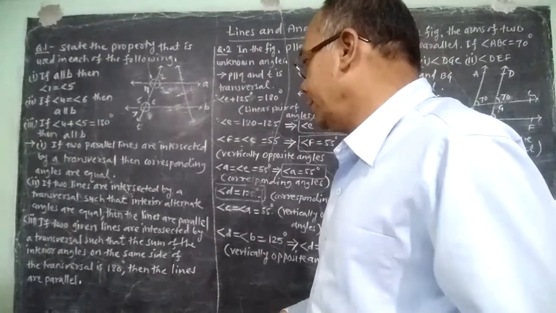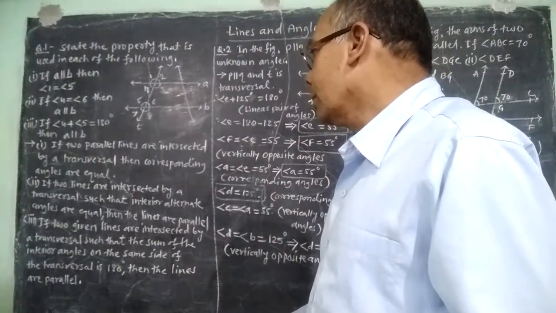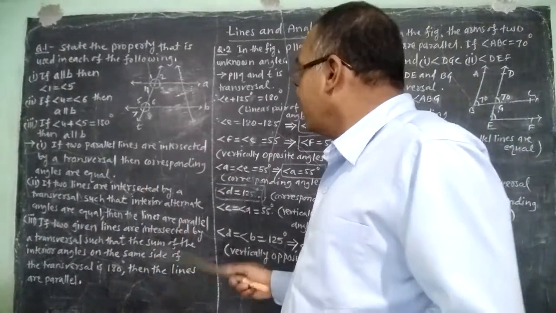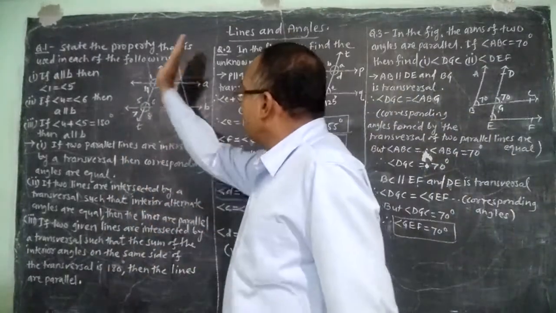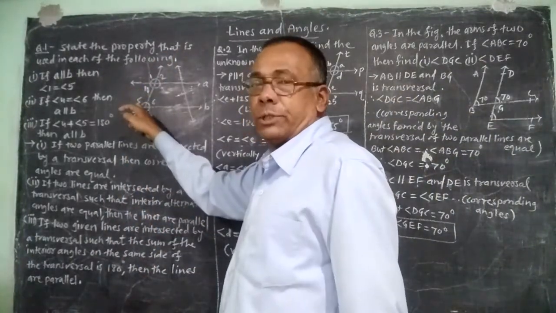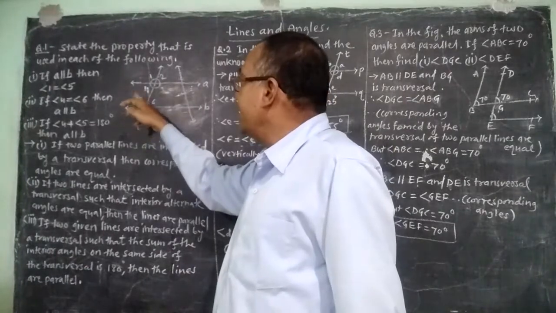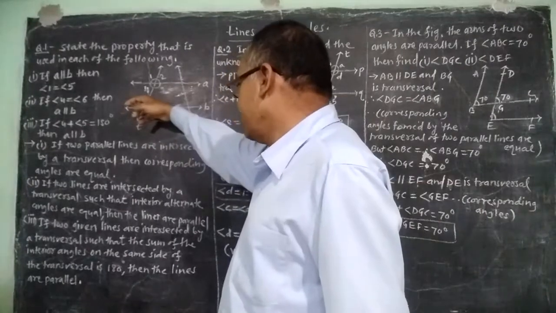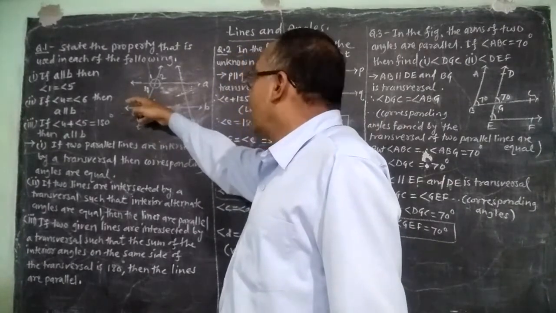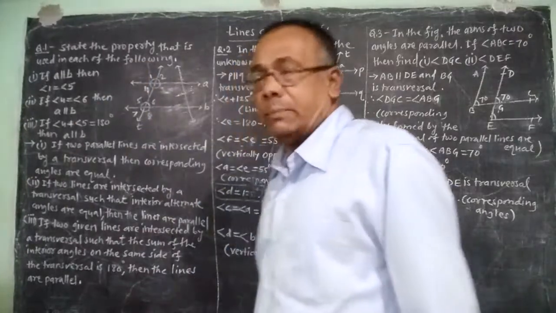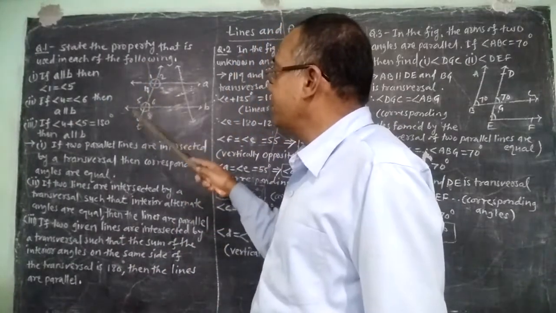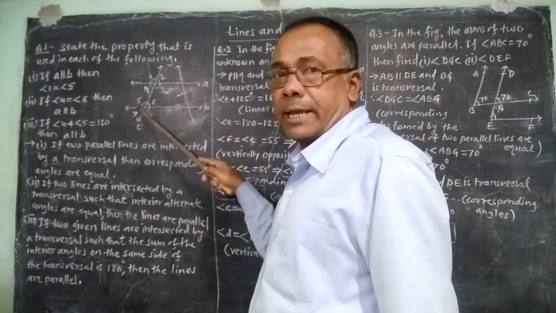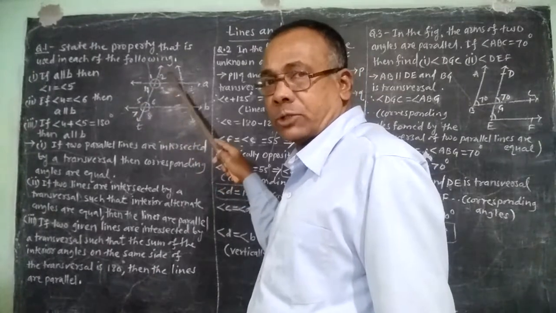Here angle 4 and angle 5 are the interior angles at the same side of the transversal, means they are on the left side of the transversal.